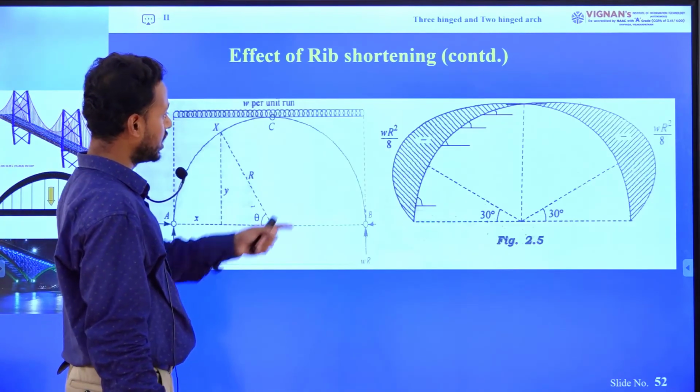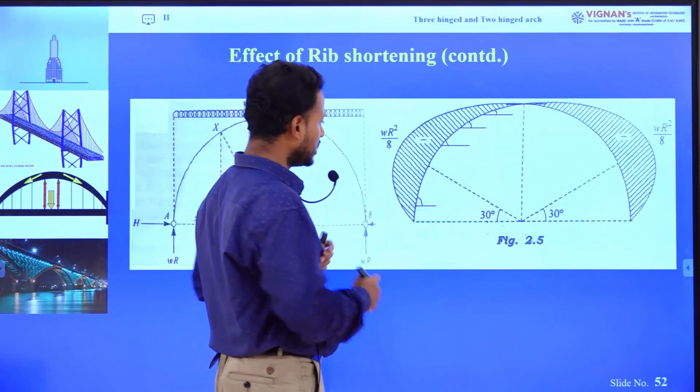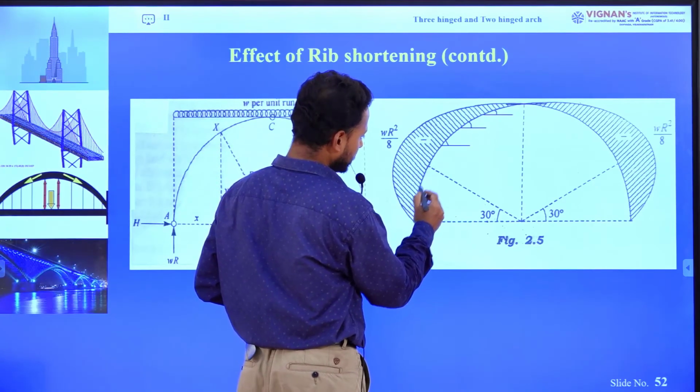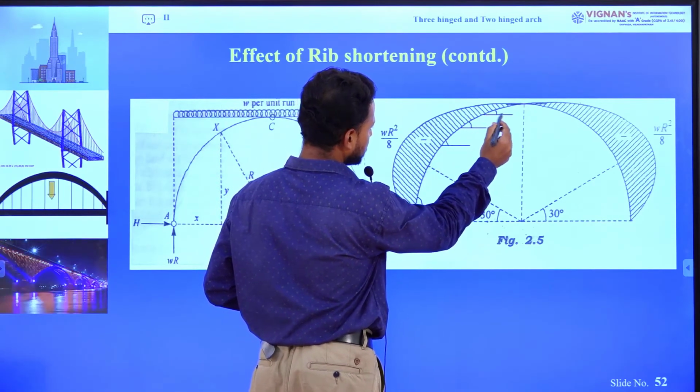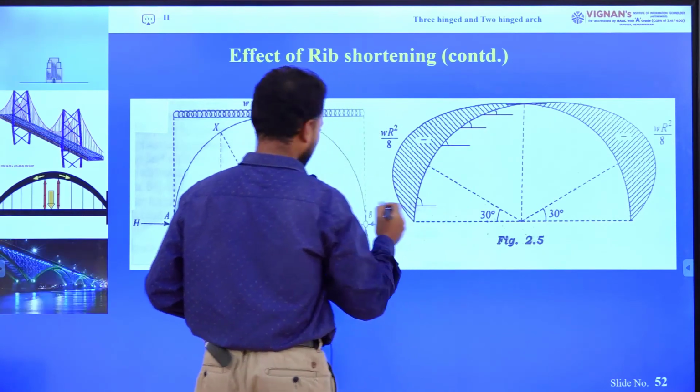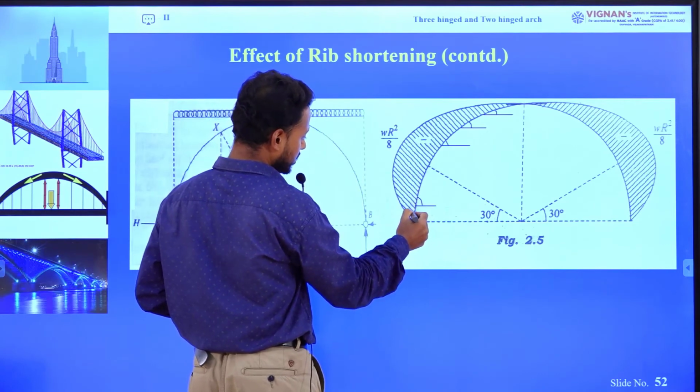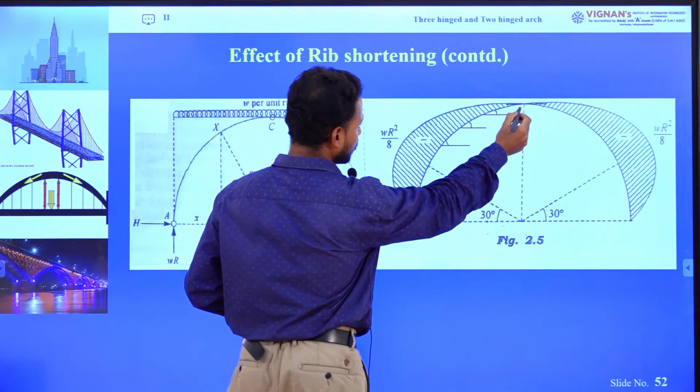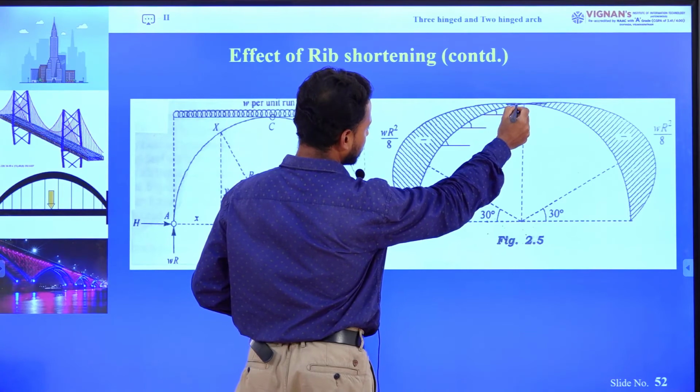If you see this figure, this is a random example. See, the alpha is gradually decreasing and it is 0 at the crown. Alpha is increasing towards the support and decreasing towards the crown.